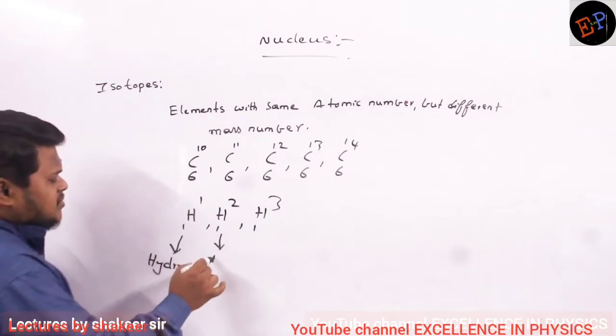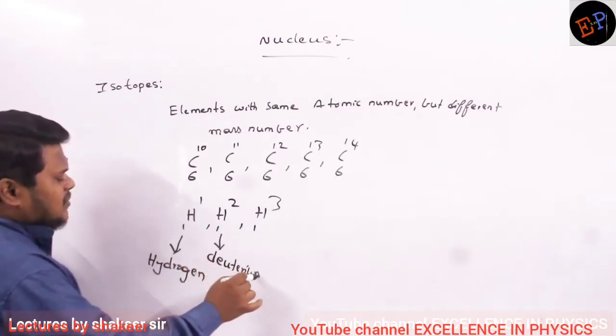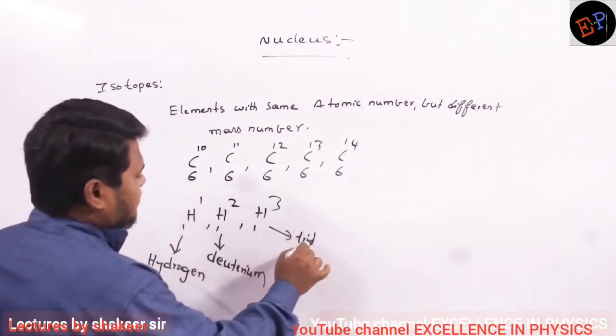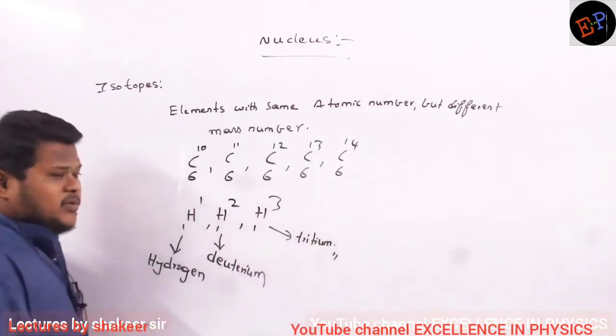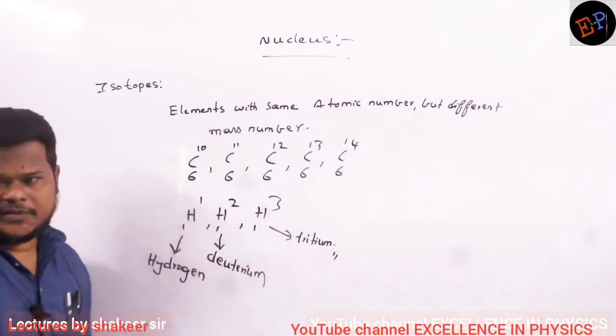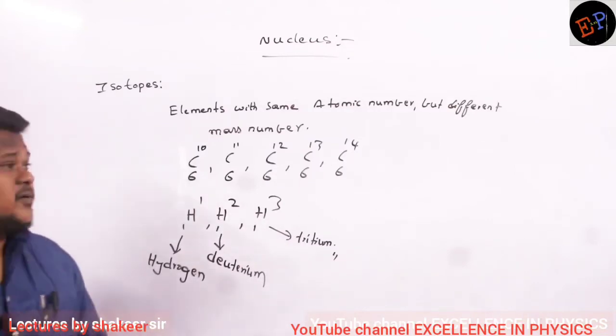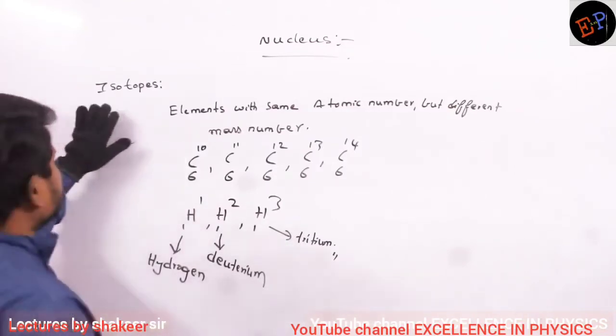This one is hydrogen, this one is deuterium, and this one is tritium. Atomic numbers are the same, 1, 1, 1, and mass numbers are different, so these are isotopes. Then we study about isobars.